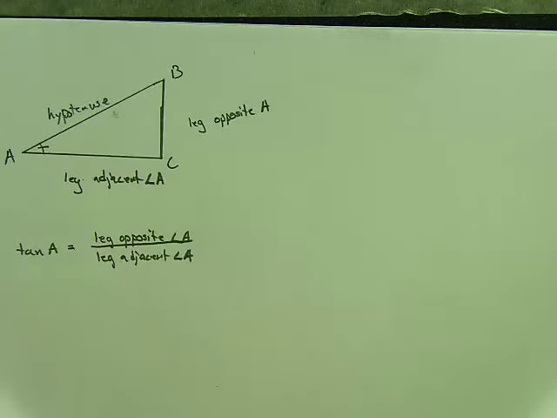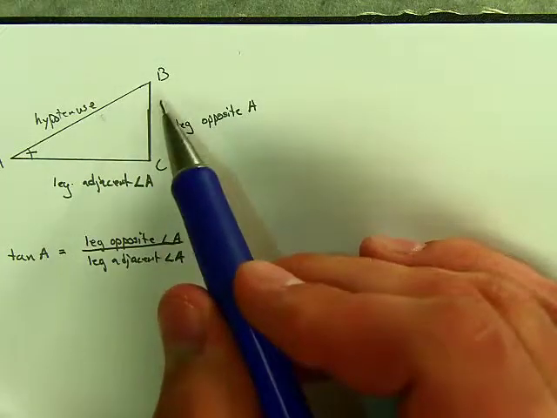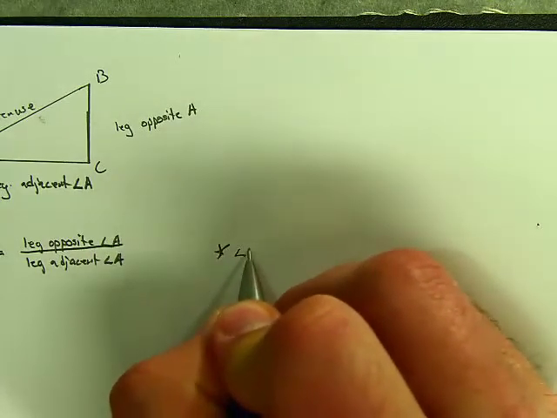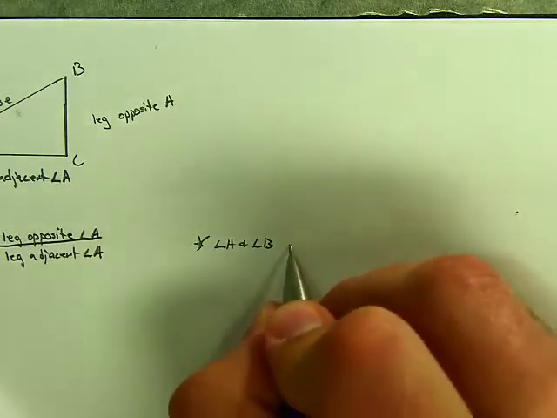Now, one thing to note is that we could do the same thing with angle B. Angle A and angle B are complementary angles.